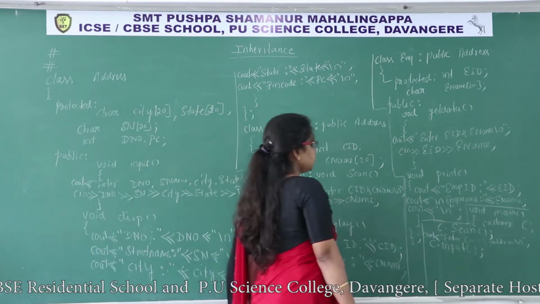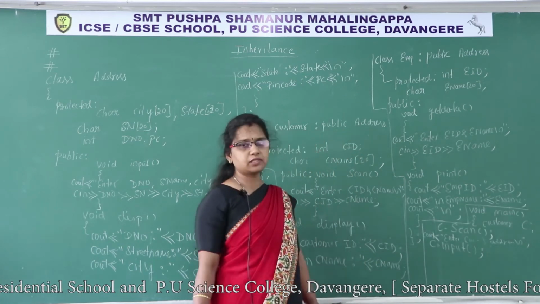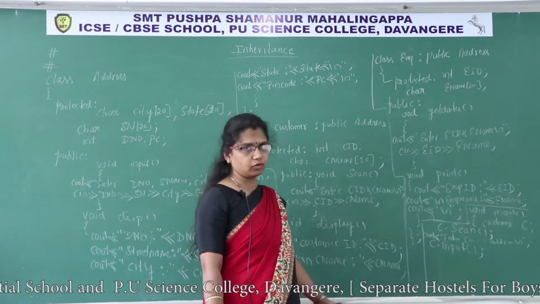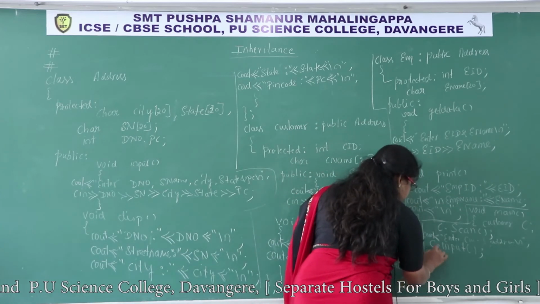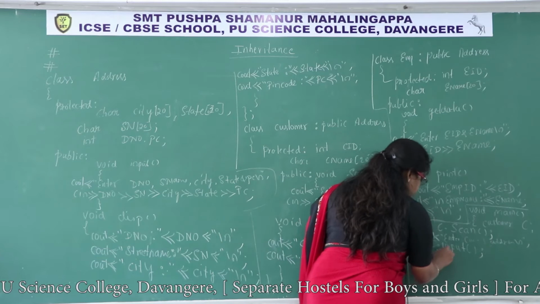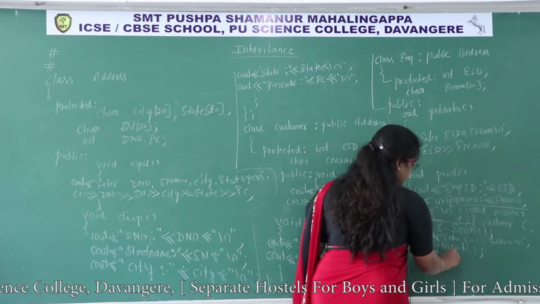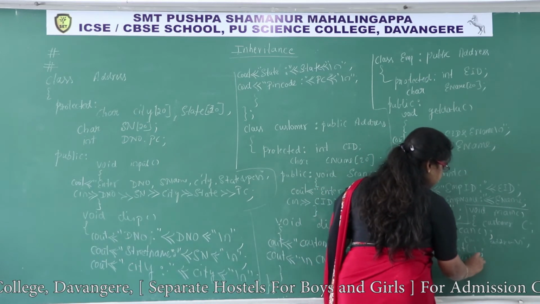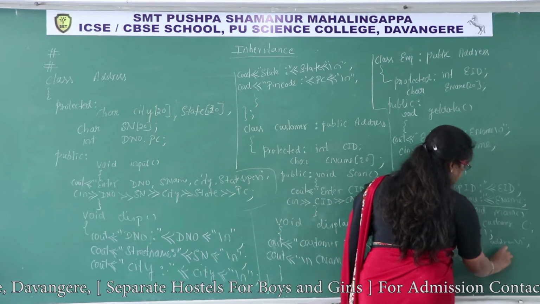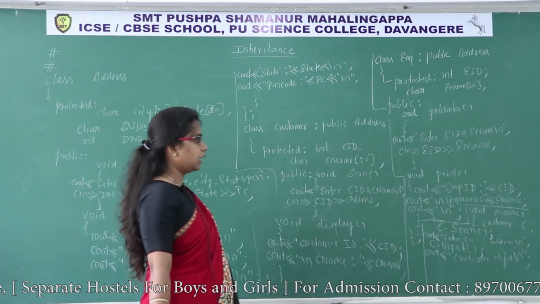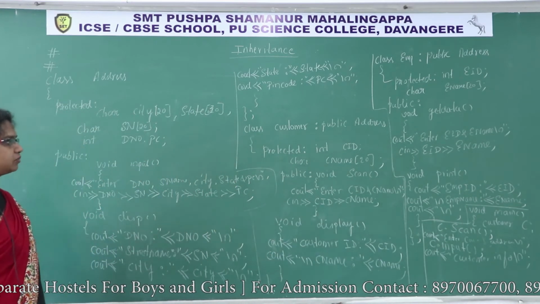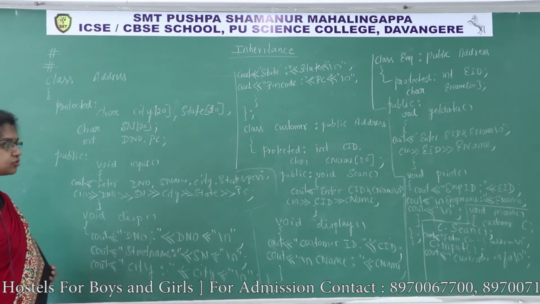Now I want to display the customer's details, what we have read just now. cout customer info \n. Now I want to display customer name, customer ID and customer address.